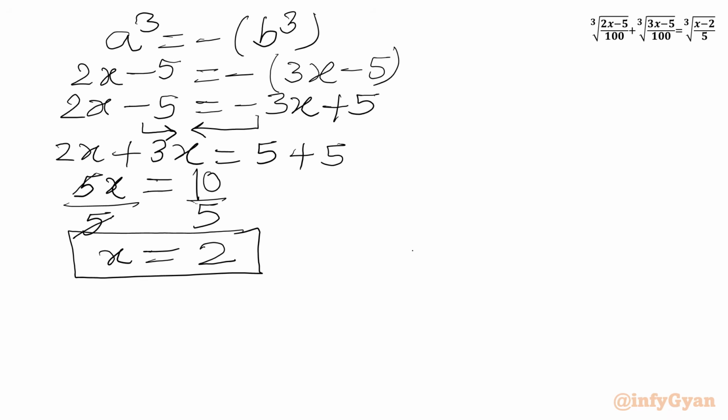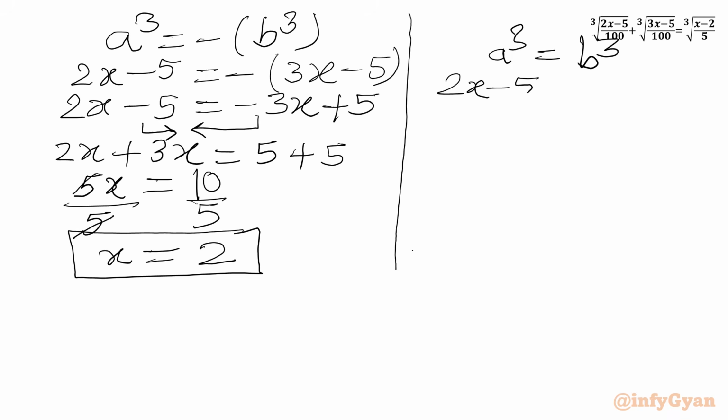Now we have second equation, a cube equal to b cube. So a cube is 2x minus 5. B cube is 3x minus 5. We'll take 2x to the RHS and minus 5 to the LHS.